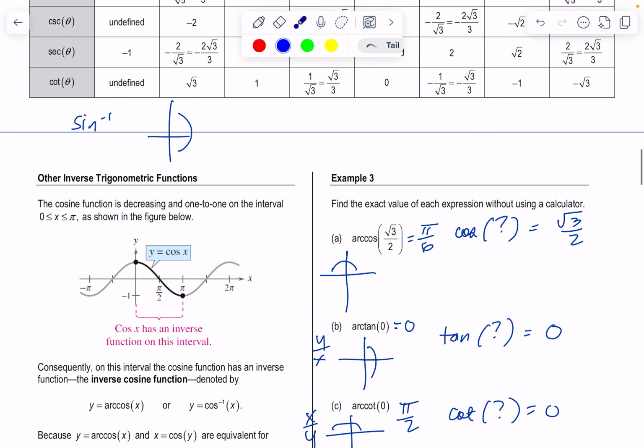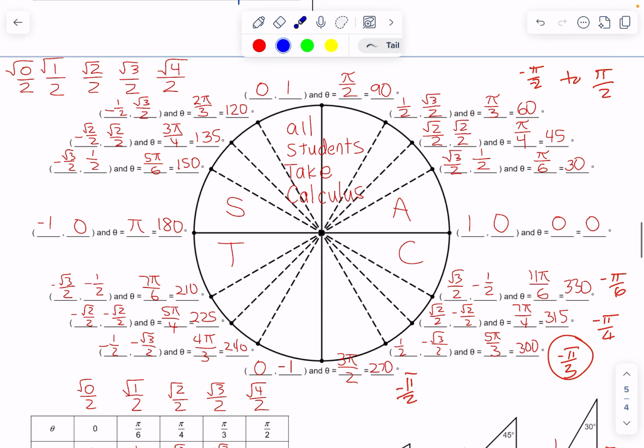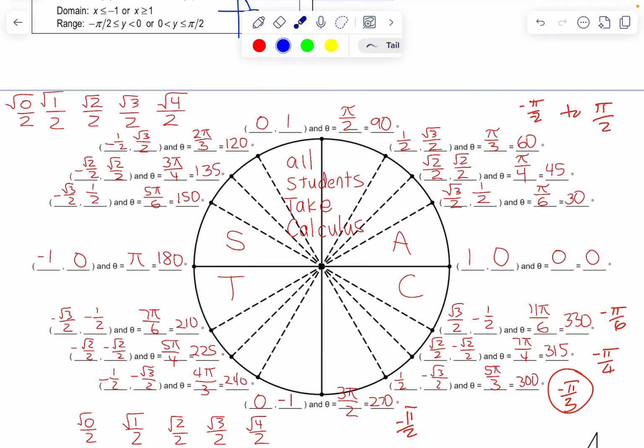But let's take a look at this one. Remember now, cosecant is in this section right over here, so we're not really looking at that 5 pi over 4.